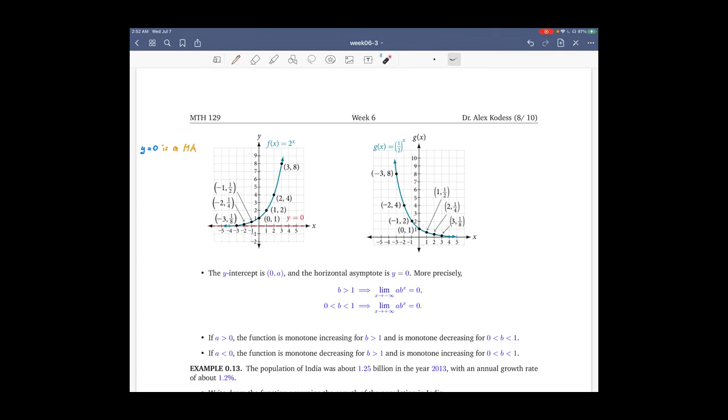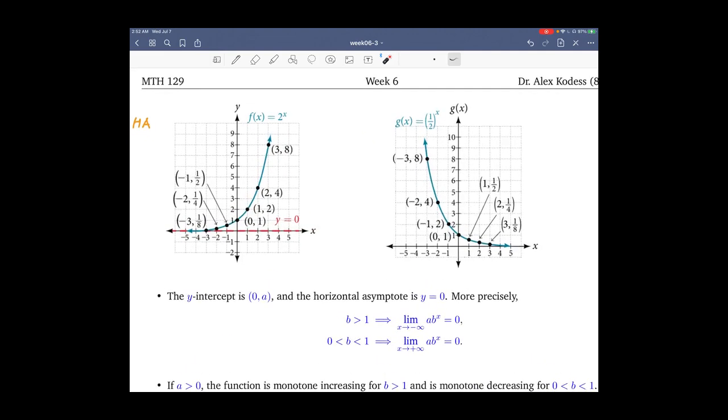Which is to say that the limit of 2 to the power x as x goes to negative infinity is 0. So the graph of the function becomes arbitrarily close to the x-axis without ever intersecting with the axis. The function is defined for all x, so the domain is the entire real line.